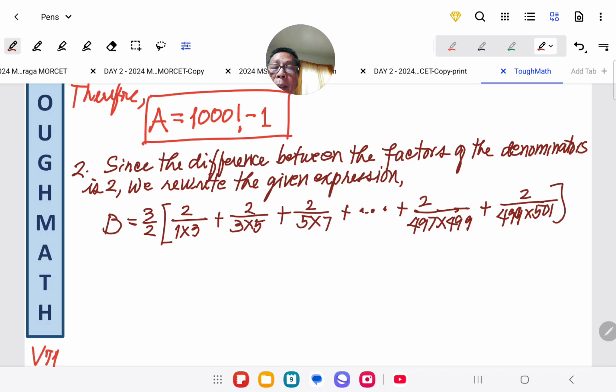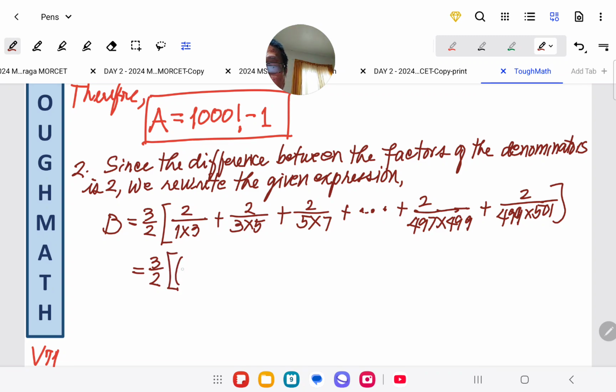Okay. And since the numerator is now the difference of the factors in the denominators, we can now rewrite B in this manner.